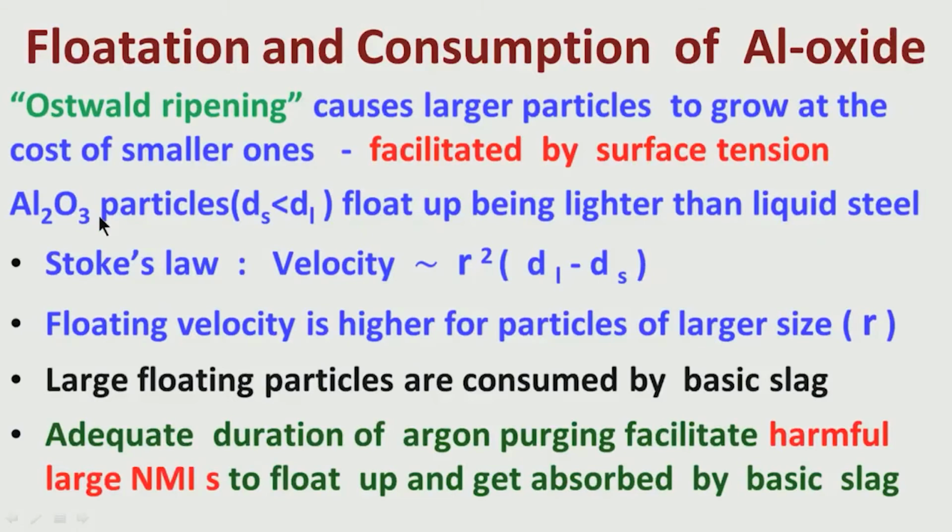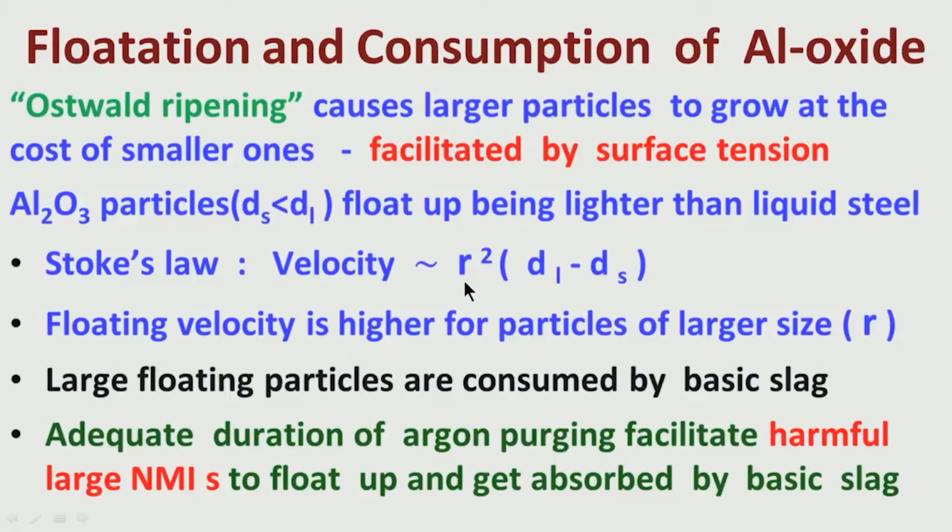Now, these alumina particles, their density is less than the density of the liquid steel, that is, the density of the solid is less than ρ_s of the liquid. That is why they will float up, because they are lighter than liquid steel. Now, we know of Stokes' law. It basically talks about the velocity of the solid particles in liquid. This velocity depends on the square of the size of the particles.